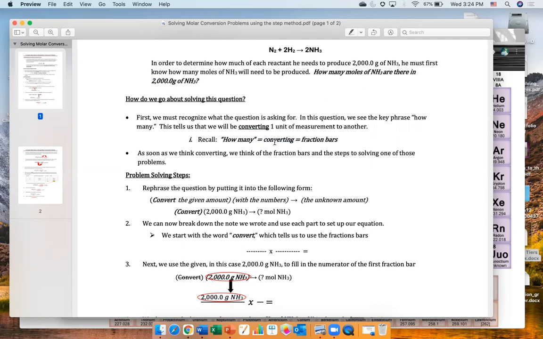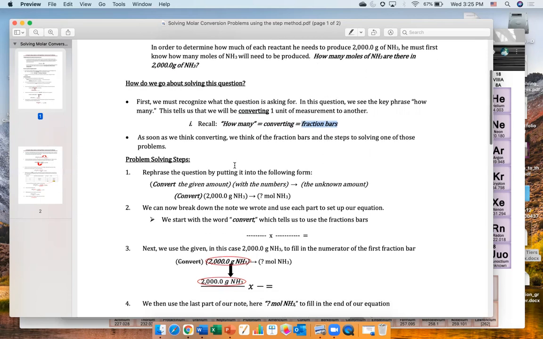If you ever see a question that says either how many or convert, in my class we're dealing with the unit conversion process. What that means is we're going to use what I'm calling a fraction bar method. So if you see the phrase how many or convert, you immediately need to think, oh, fraction bars, and the steps of solving those problems.